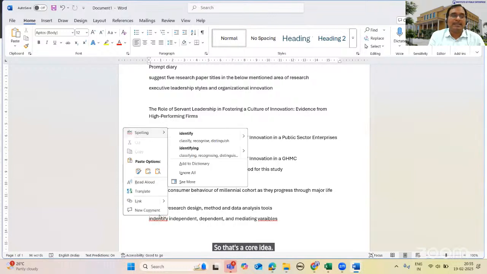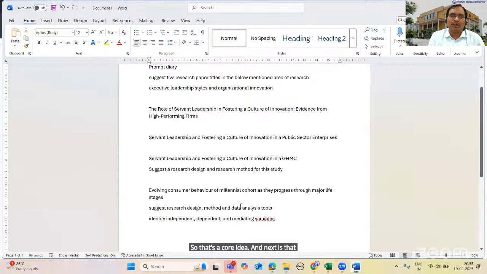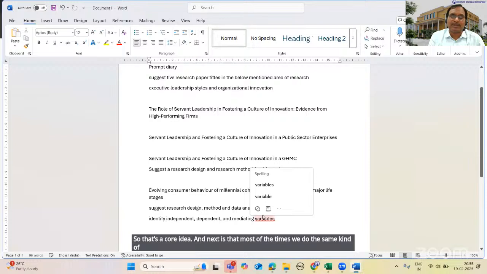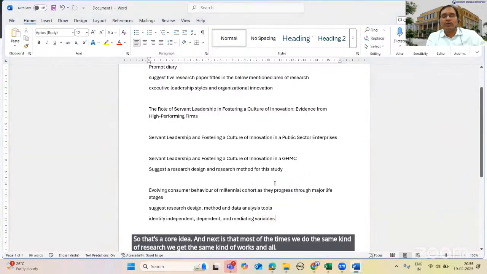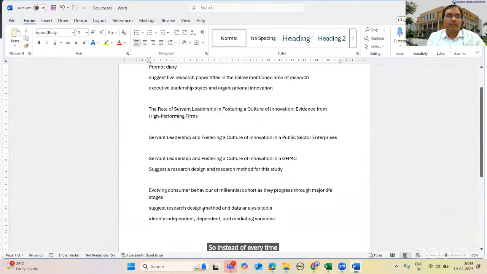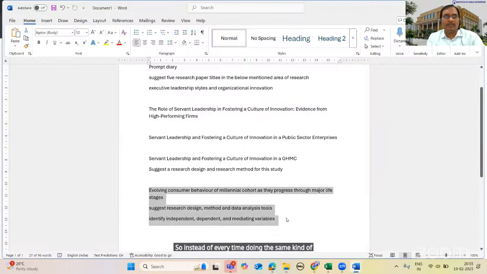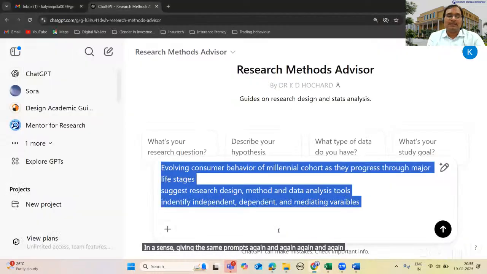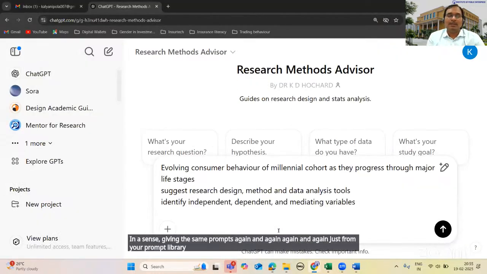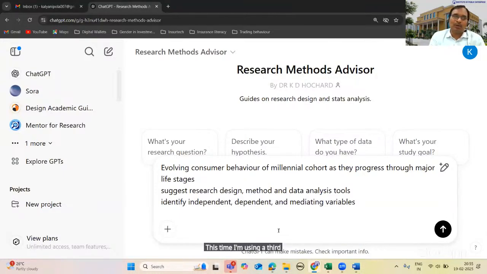And next, most of the time we do the same kind of research and get the same kind of work. So instead of every time giving the same prompts again and again, just from your prompt library you will take all these things. This is done. This time I'm using a third AI tool which helps you to find out your research design.